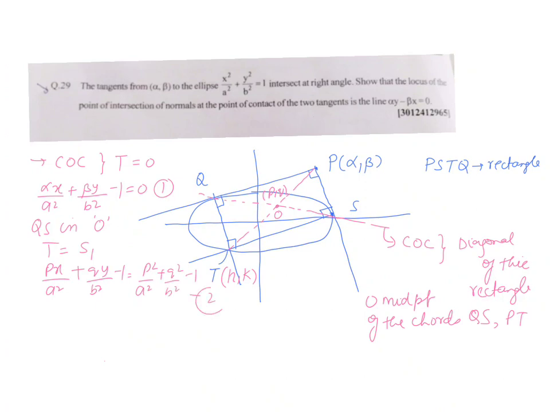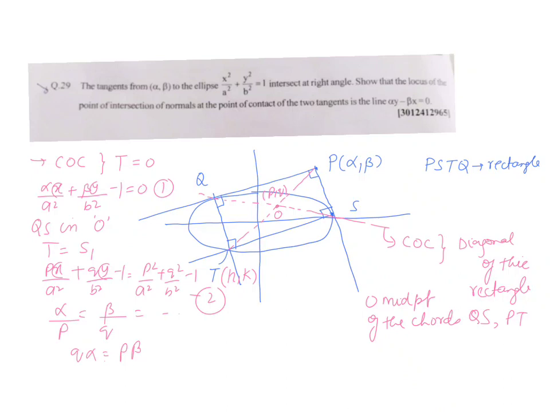Now these two equations represent the same line, so the coefficients of these variables x and y will be proportional. So this gives me alpha by p equals to beta by q equals to something. So from here I can say q times alpha equals to p times beta.